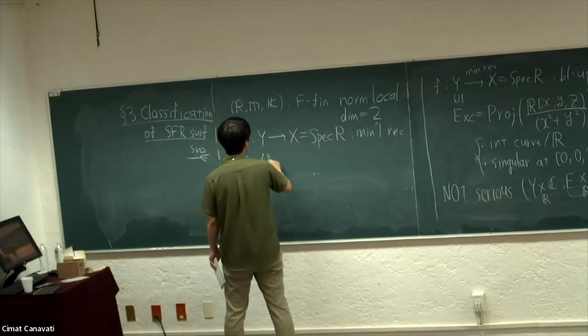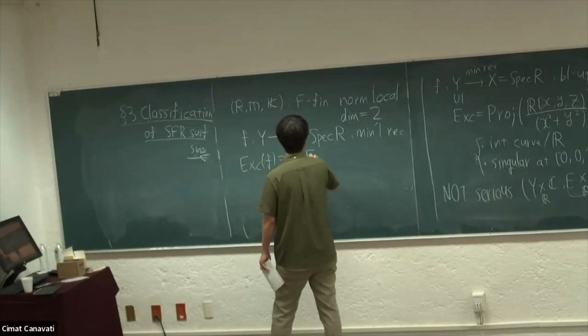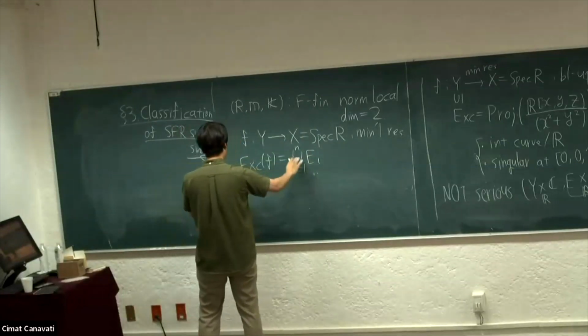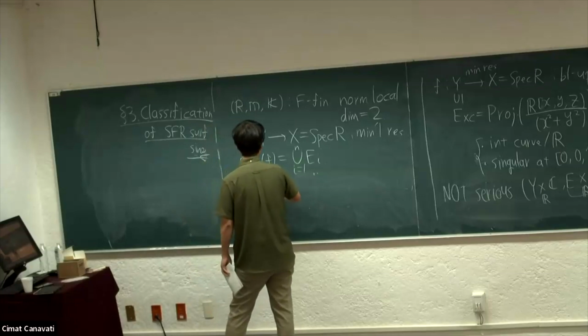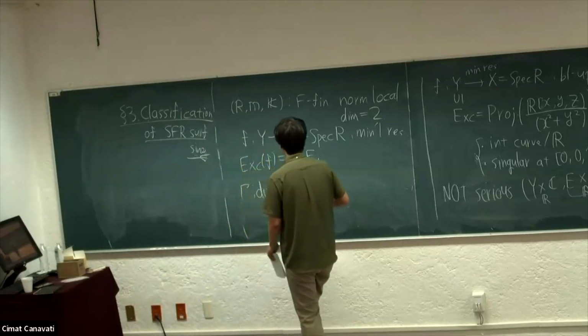And we write the exceptional locus like this. The irreducible decomposition of the exceptional locus is like this. So in this case, we can define the dual graph as follows.